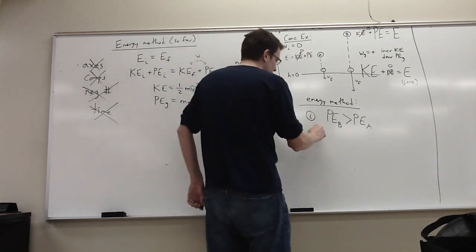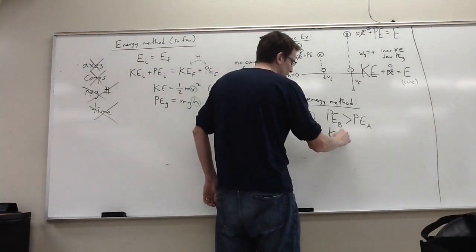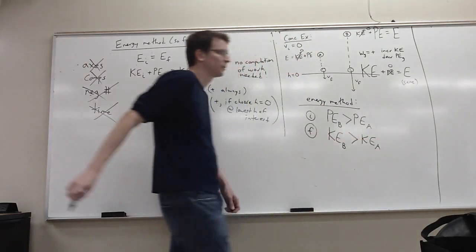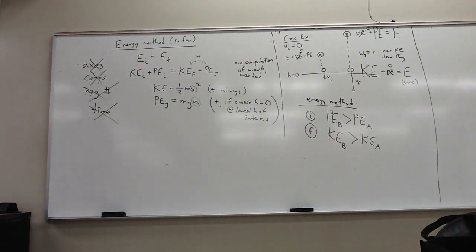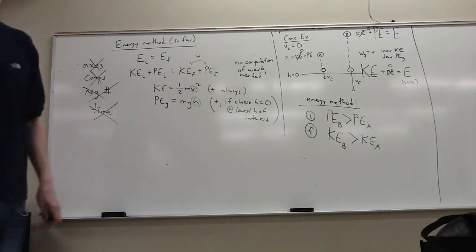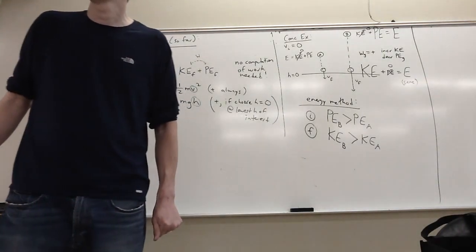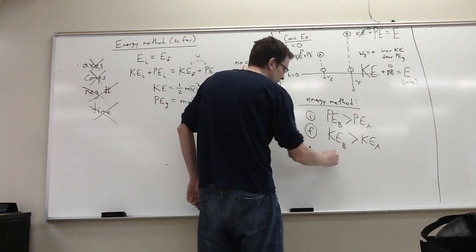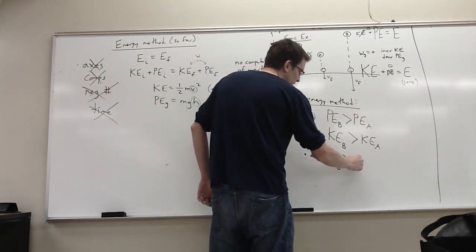Therefore, at the end, the kinetic energy of B is bigger than the kinetic energy of A. More energy initially in storage means more motion energy at the end. So the kinetic energy is bigger, the final speed is bigger.